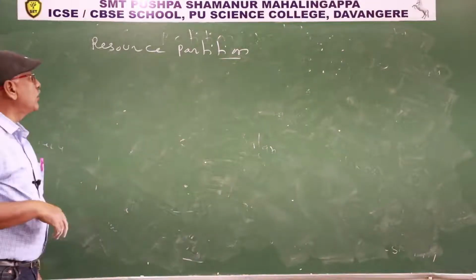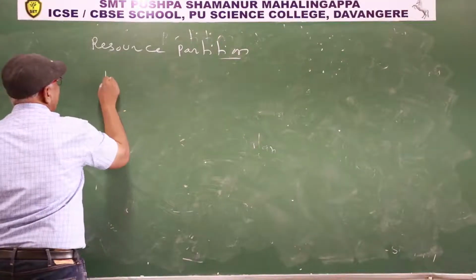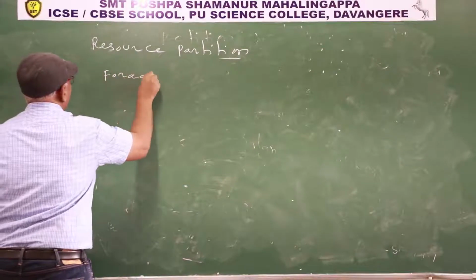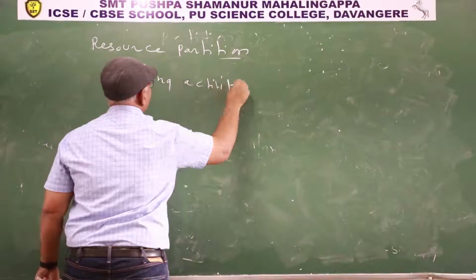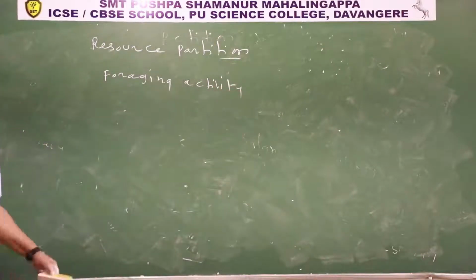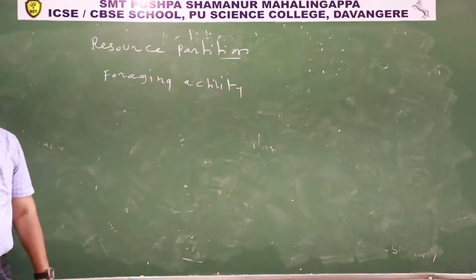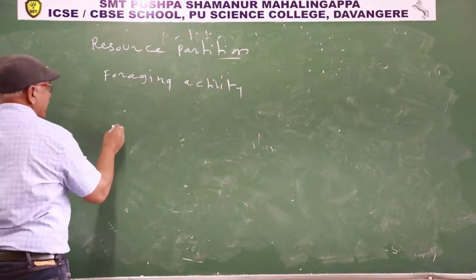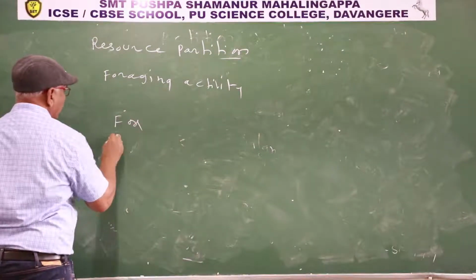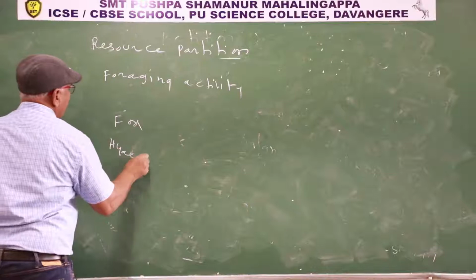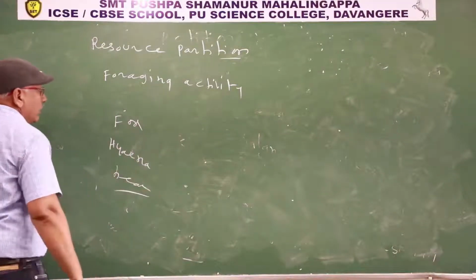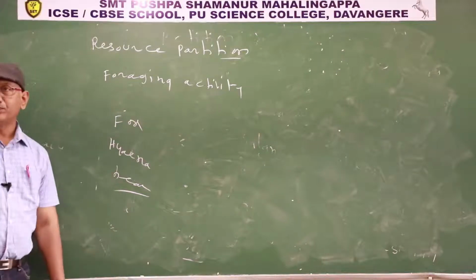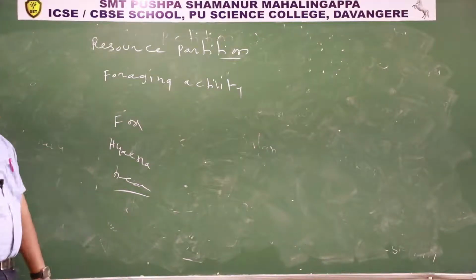How? By resource partition or by changing the foraging activity. They live together. Foraging means searching for food. For example, in a forest area there are a fox, a hyena, and a bear. These three live in the same area.